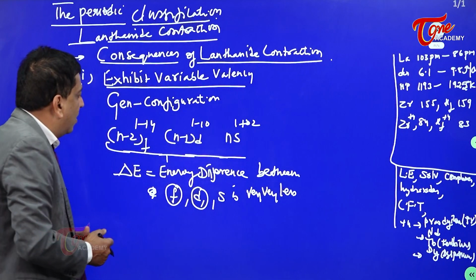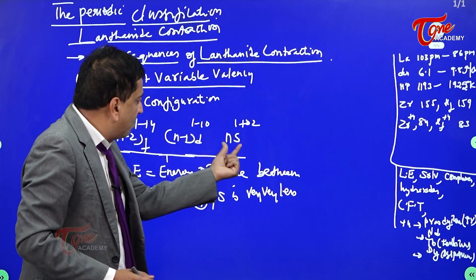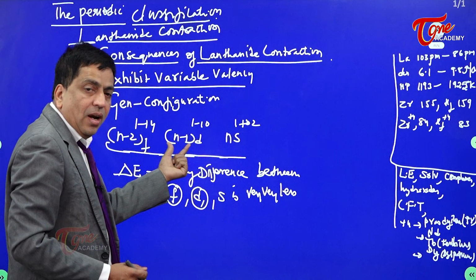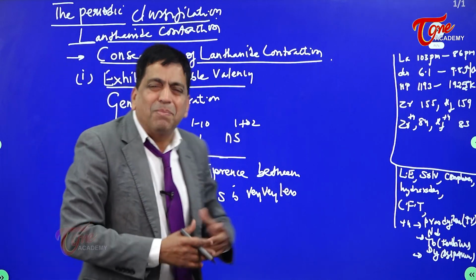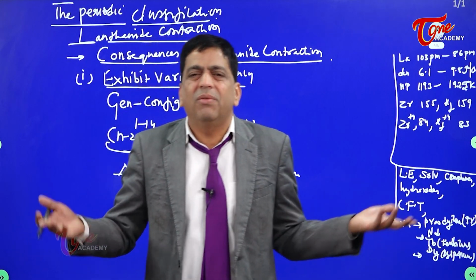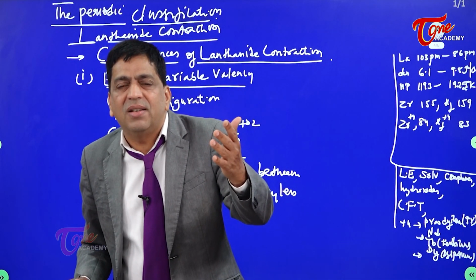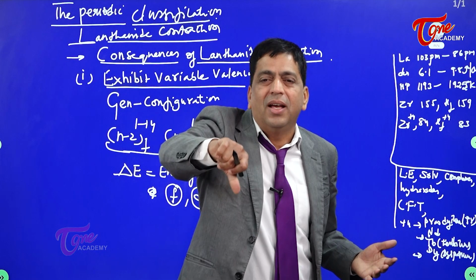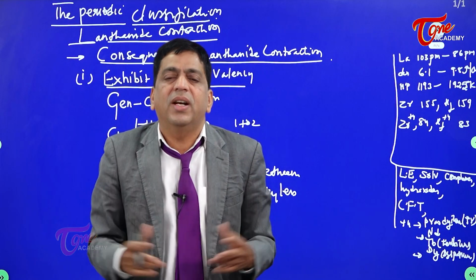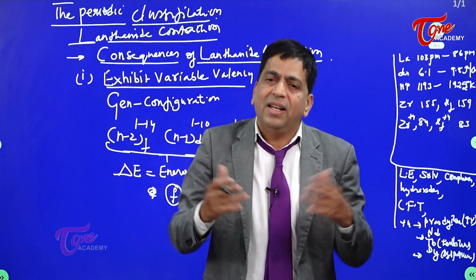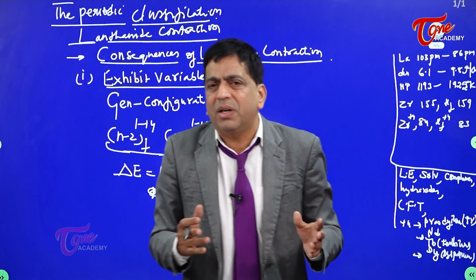You must understand. The energy difference between this subshell and this subshell is very, very less, because we were told in Bohr's theory that as you go far away from the nucleus, the energy difference between the shells decreases. When the energy difference between the shells decreases, the energy difference between the subshells is also expected to decrease.